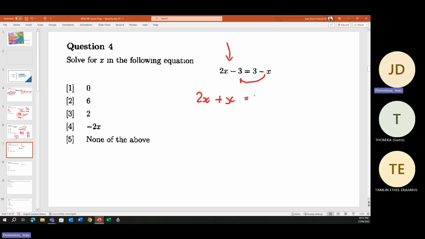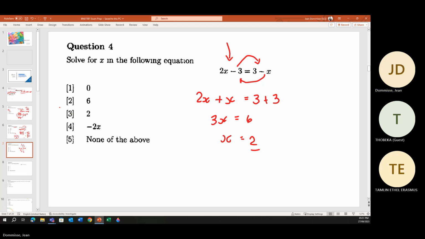And on this side, I will have 3 plus 3. Okay, so that was minus 3, and I take that over to the other side, so it becomes plus 3. So 3x is then equal to 6, and we then solve x is equal to 2.